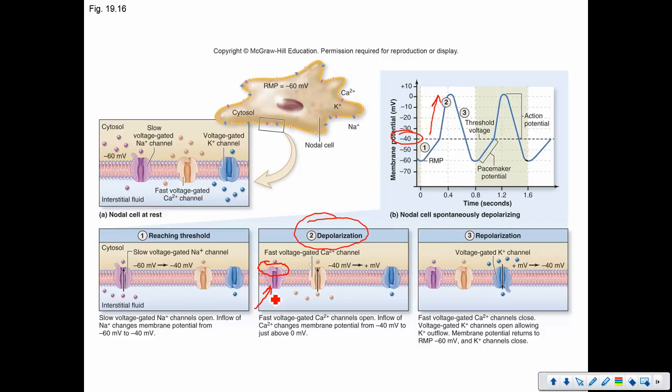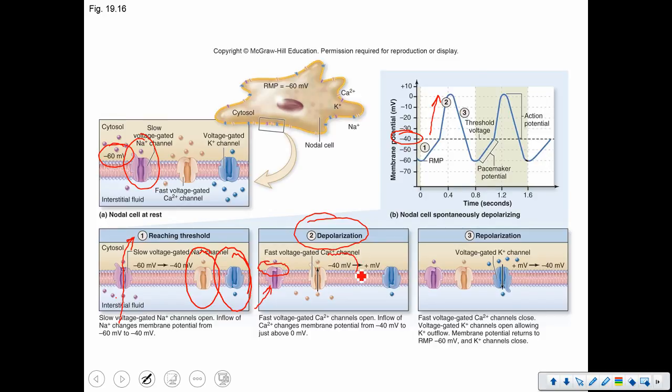Right. See, but the idea here is that at rest, we're at minus 60 millivolts inside the cell, then this is perpetually open, so it's always allowing sodium to pass through. So then the calcium and the potassium channels are closed right now. These are voltage-gated channels, which means they only open when you reach certain voltages.